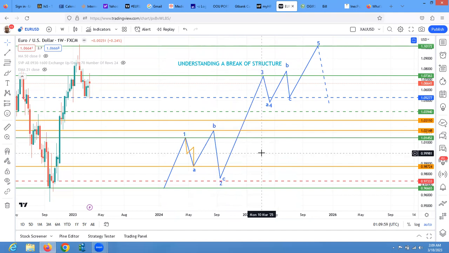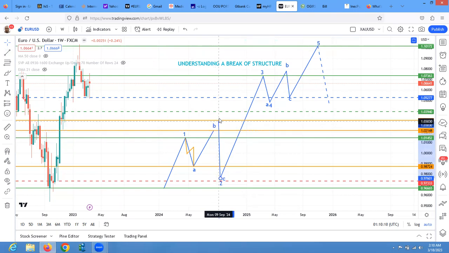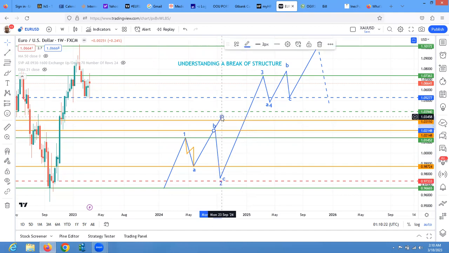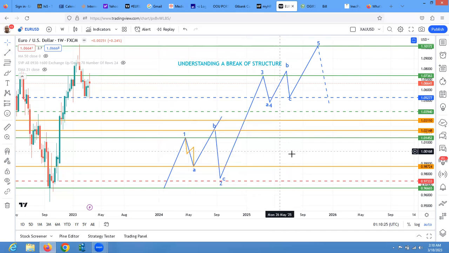So assuming this price wants to break structure, then once you have this up here, the structure has been broken here. You can't think of wave B again. So you must always be looking for whether the structure has been broken or not. You must always be looking for that.